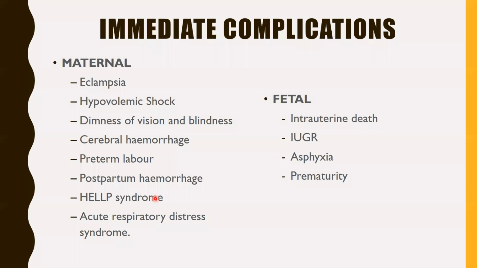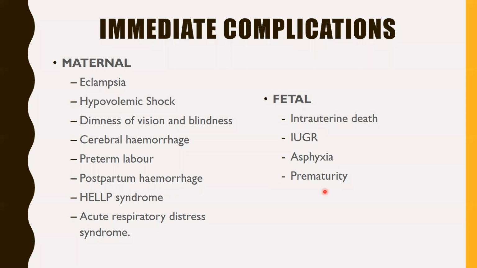The fetus will also have complications. This is not everything, but just some of them: they can be intrauterine death, intrauterine growth restriction, and then the fetus can also experience asphyxia and prematurity due to the preterm labor that may occur.